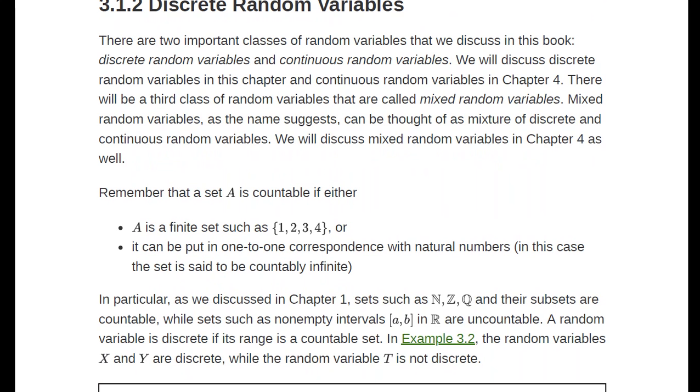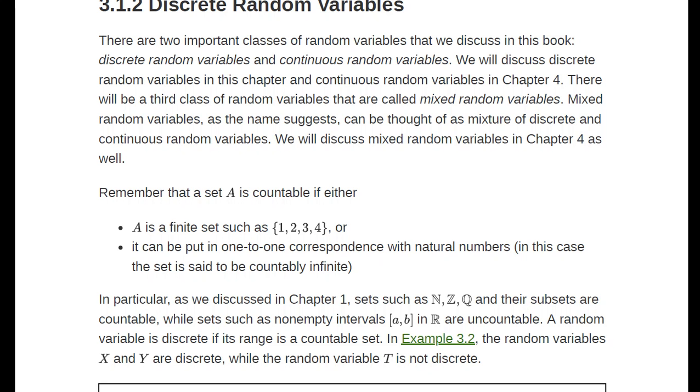There is a third class of random variables called mixed random variables. Mixed random variables, as the name suggests, can be thought of as a mixture of discrete and continuous random variables. We will discuss mixed random variables in the next chapter.